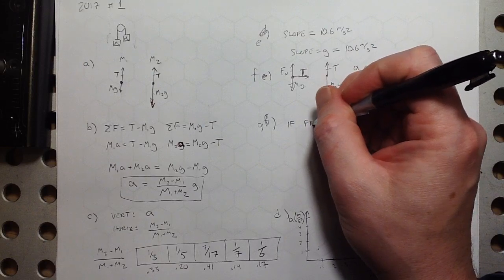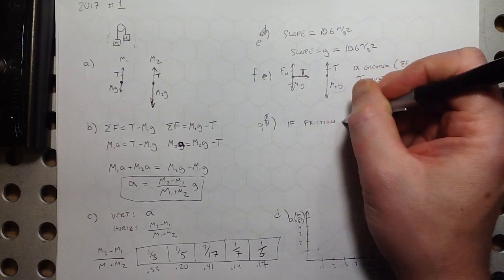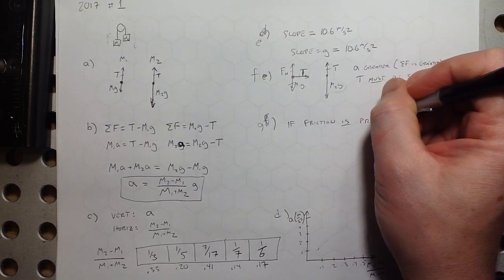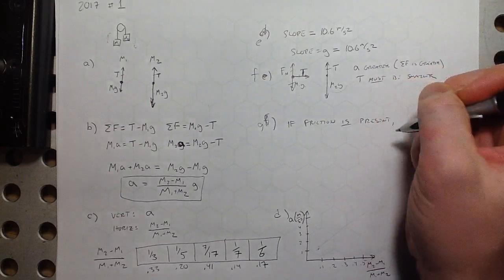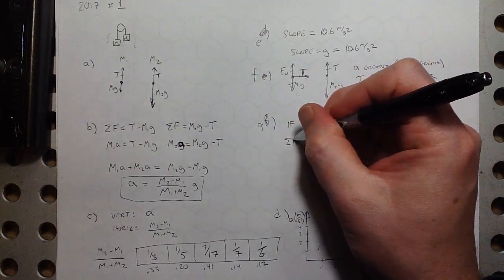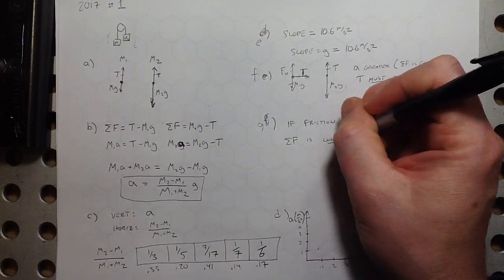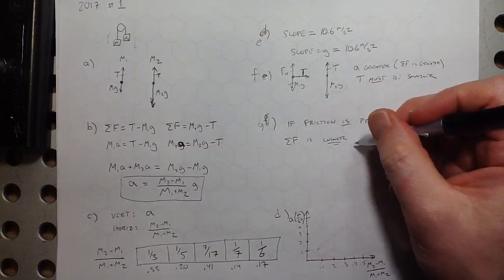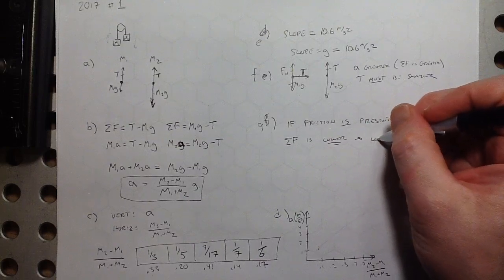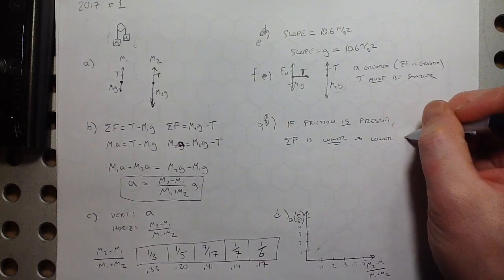If friction is present, that means that the sum of all forces on the system is lower, which means there's a lower value for a.